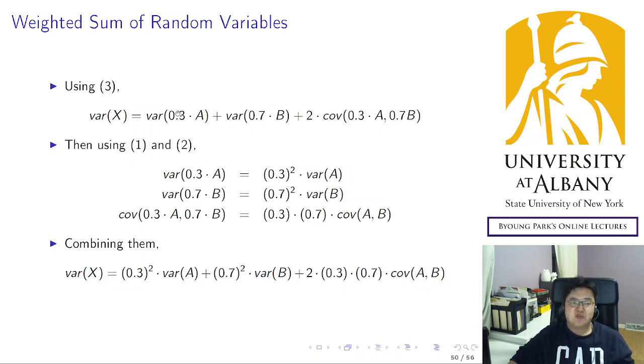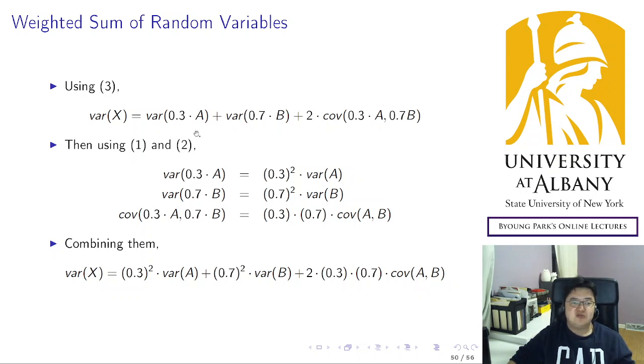You may consider 0.3A and 0.7B as new random variables transformed from A and B, like A prime and B prime. Then we need to calculate this, and this.